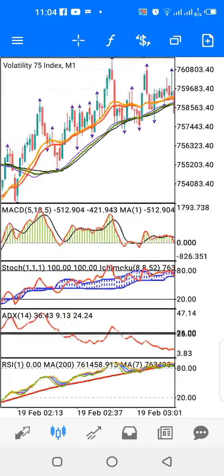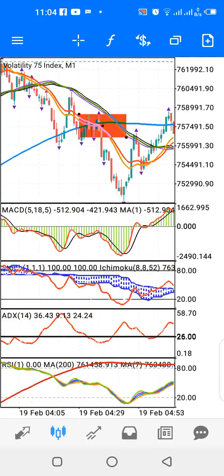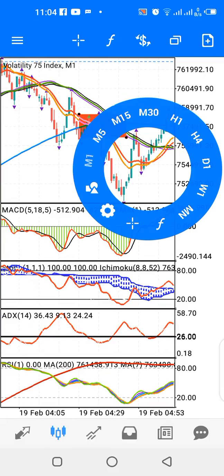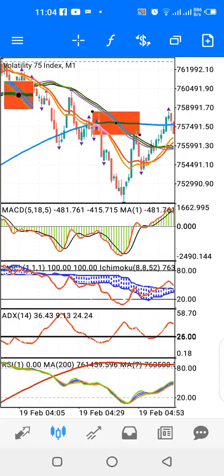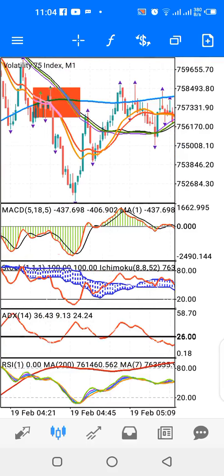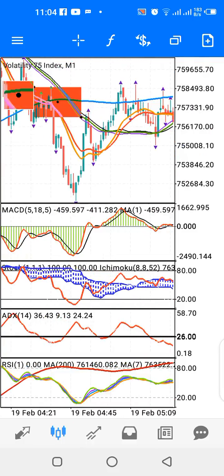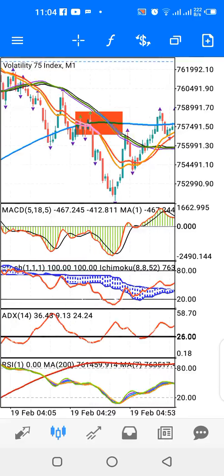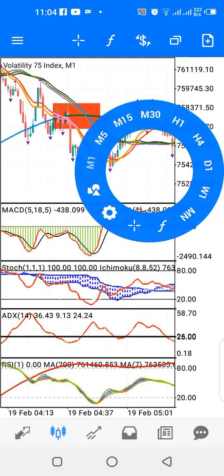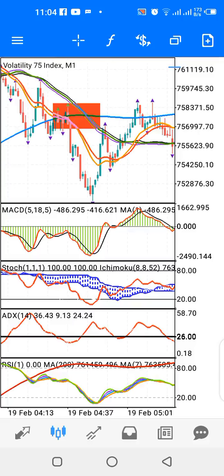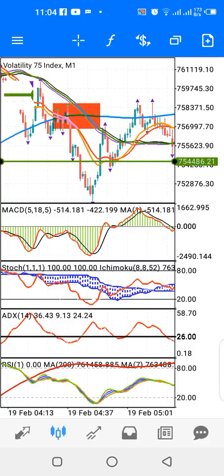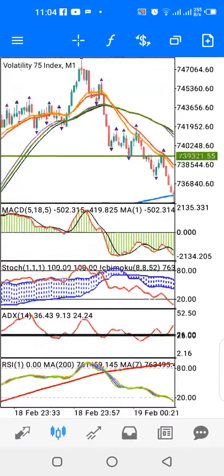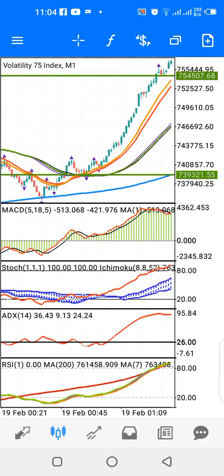somewhere around here. Okay, where we now have trend change. Okay, we have a trend change here. So let's say we close our trade somewhere around here when the trend change is confirmed. So we have, let me remove this.